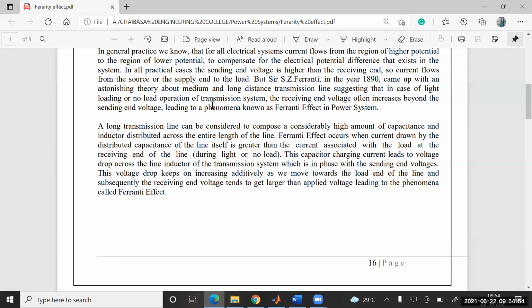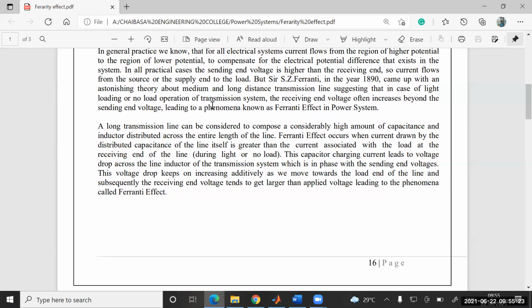So this is the reason why it happens. The capacitor charging current leads to a voltage drop across the line inductor of a transmission system, which is in phase with the sending end voltage.